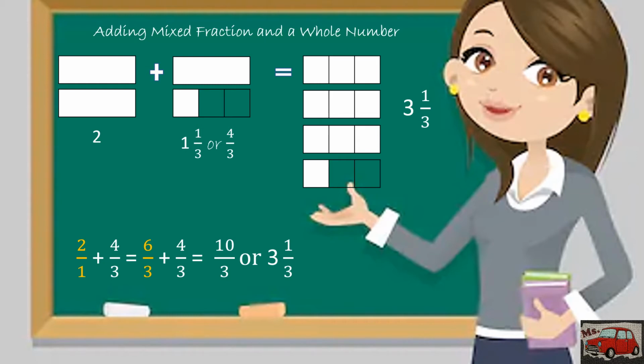Okay? Now, kung isosolve natin, ganun lang din yung gagawin. So, si 2 over 1. And then, plus 4 over 3. So, ginamit natin yung improper fraction. Okay? So, since yung denominator nila is hindi parehas, so yung equivalent fraction ni 2 over 1 is 6 over 3. Ngayon, pagsamahin lang natin yung numerator.